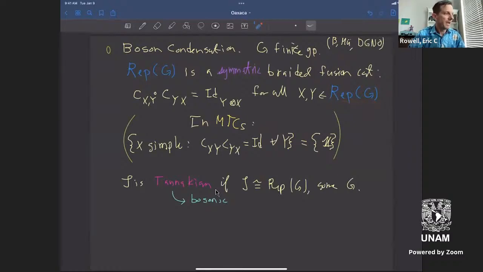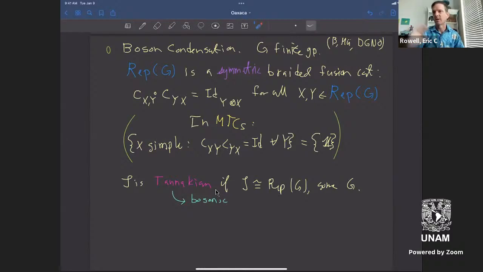And there's just an aside to remember that in a modular category, this never happens, essentially. So it's the opposite end. Now, if you have a category that is equivalent as a braided fusion category to Rep G for some finite group G, we call it Tannakian. And we also sometimes call it a bosonic category.